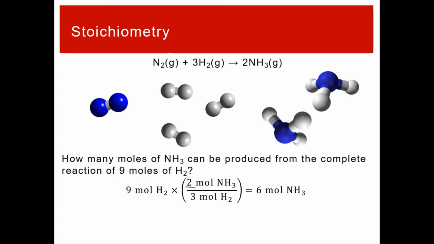It's 2 moles of NH3 comes from the 2 right there, and the 3 moles of H2 comes from the 3 right there. The one thing you'll note is we just have changed everywhere to moles, which is fine because it just needs to be a counting unit, as long as you're consistent in that you're counting by the same size group. Previously it was all molecules. Now we're just using moles.